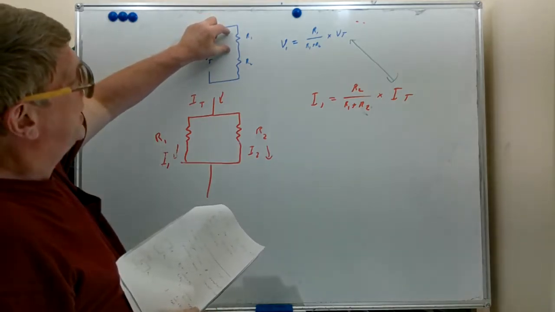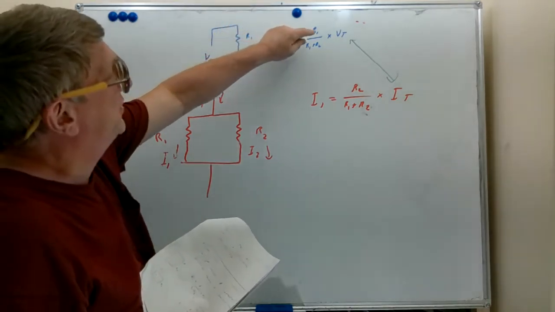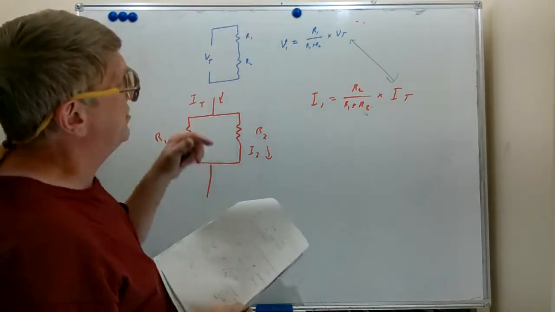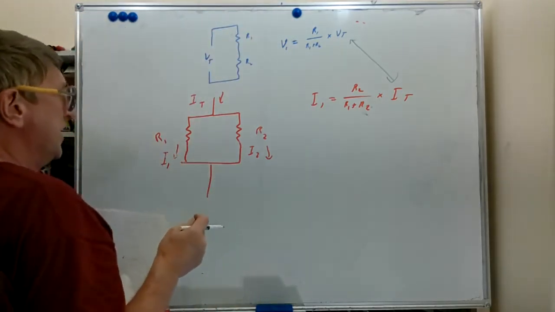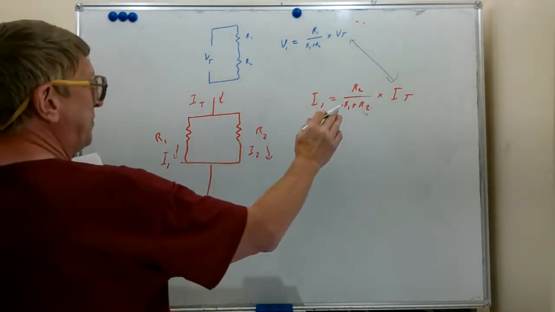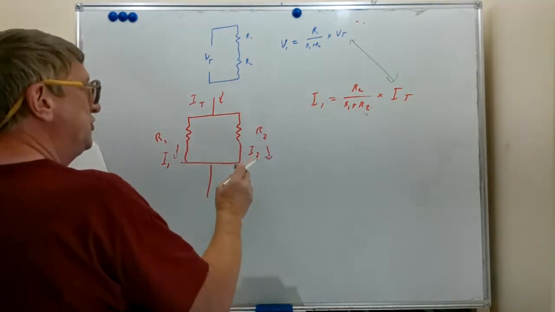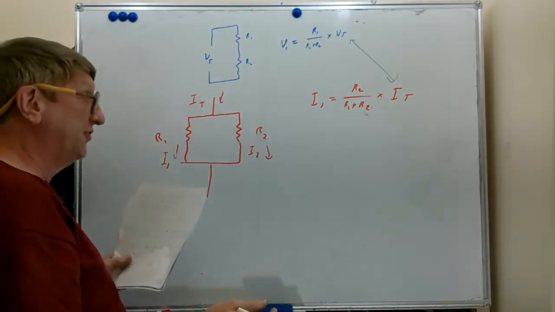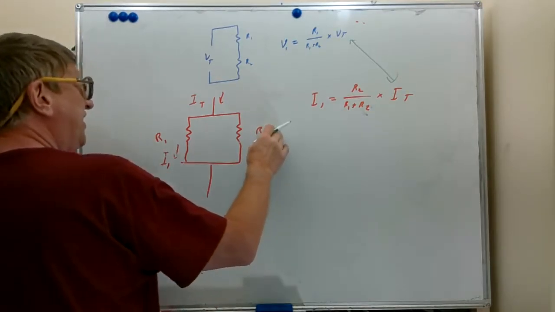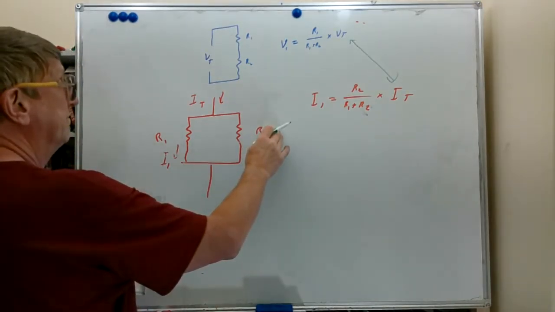So the voltage is directly proportional to the resistor which you are measuring the voltage across. The current is inversely proportional to the resistance of the other resistor, or as the other resistor gets larger.